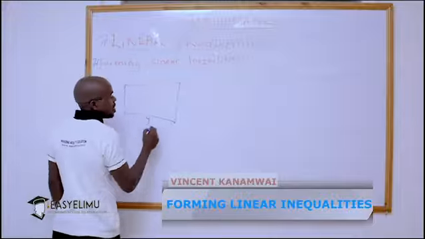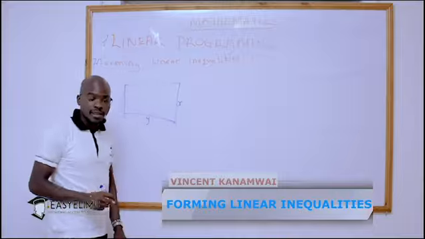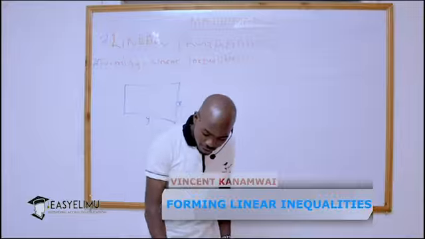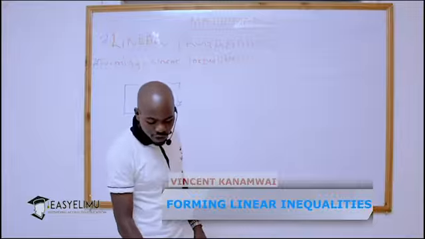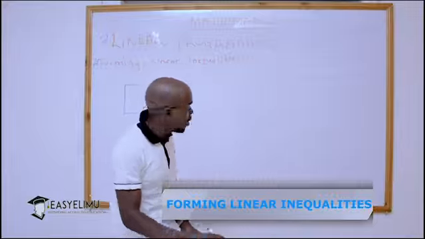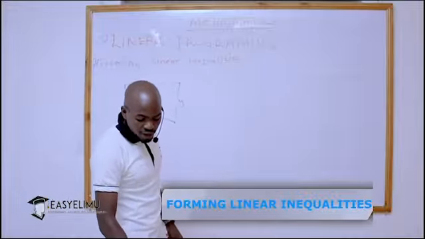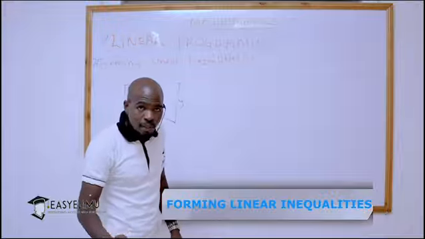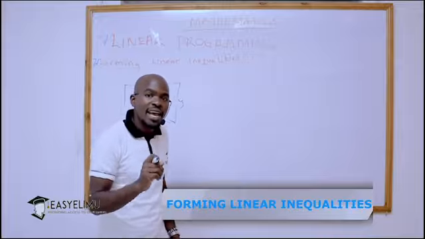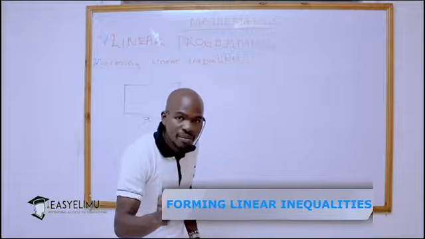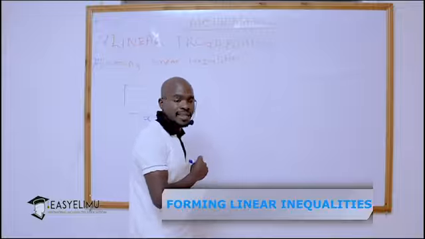The length is y centimeter and width is x centimeter. But we have been told that the perimeter of a rectangle whose length is x centimeter and width is y centimeter is not more than 10. Meaning that the perimeter is either 10 centimeters or less than 10.